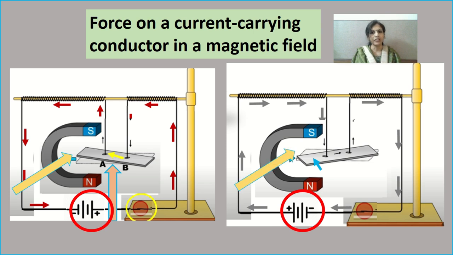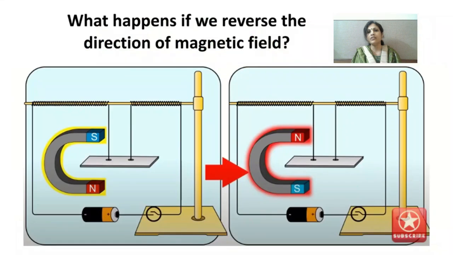through the conductor. After this, we also studied another activity wherein we observed that if we change the direction of magnetic field, look at the first and the second figure. In the first figure, North Pole is at the bottom, whereas in the second figure, North Pole is at the top.